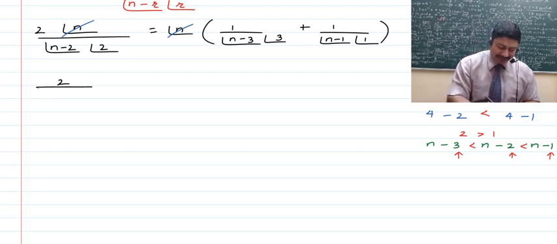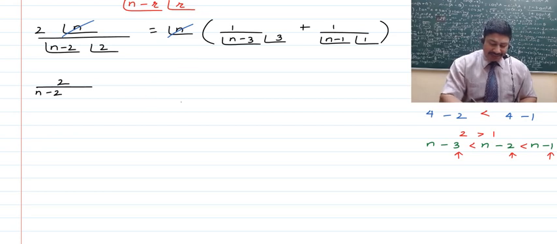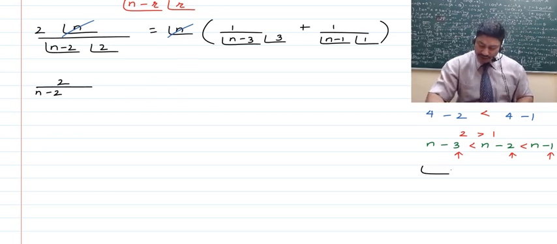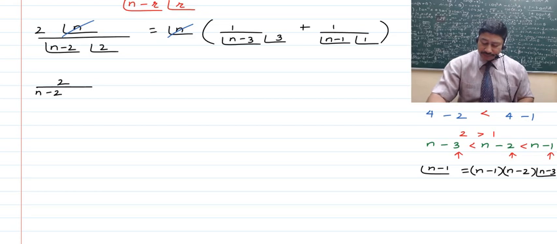So now as we find that factorial of n minus 1 is the largest, we can write this as n minus 1 times n minus 2 times factorial of n minus 3.